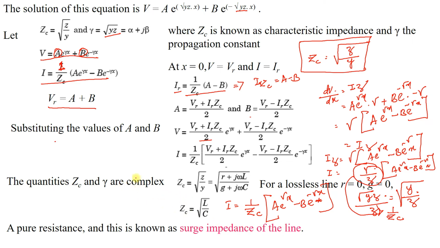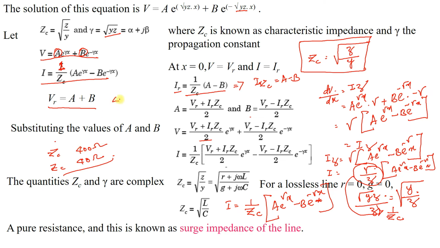And typically for a transmission line, Zc will be approximately equal to 400 ohm. And for a cable, Zc will be approximately equal to 40 ohm. This is a standard value. So in some of the questions, especially for competitive examinations, a question will be there to pick out the surge impedance of a line or a cable. So it will be nearly equal to 400.